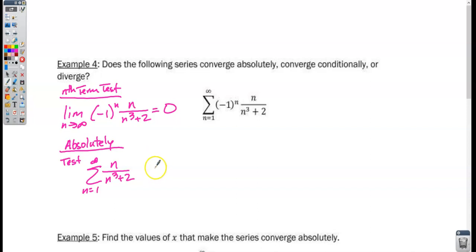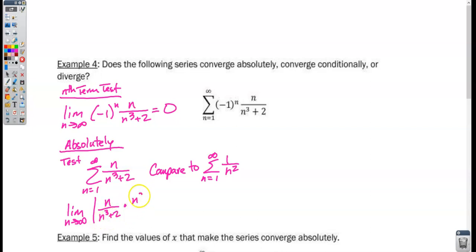All right, I'm going to compare this. I'm going to do limit comparison. Compare to the sum from 1 to infinity of 1 over n squared. Now the limit as n goes to infinity of n over n cubed plus 2 times the reciprocal of this, limit as n goes to infinity of all this, is going to be equal to 1.